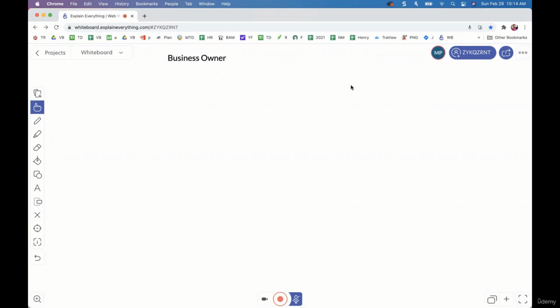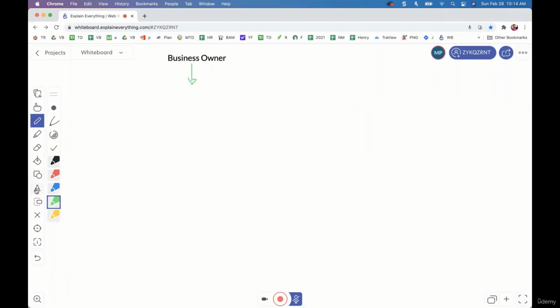So the IT project that the business owner thought of is adding the capabilities of online banking to the existing website.